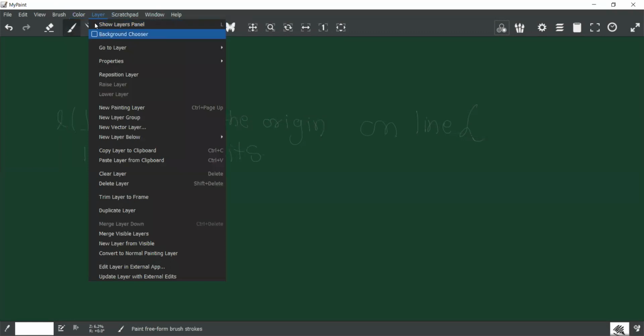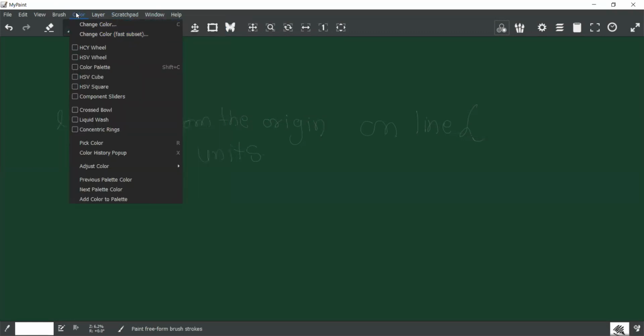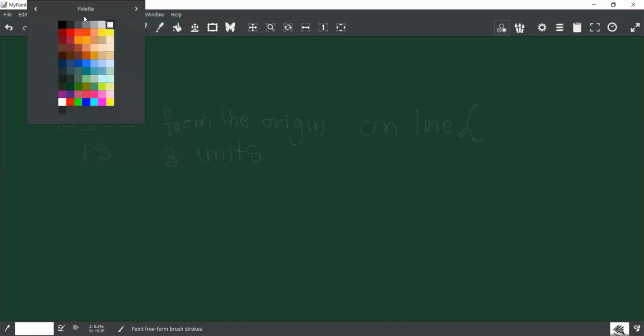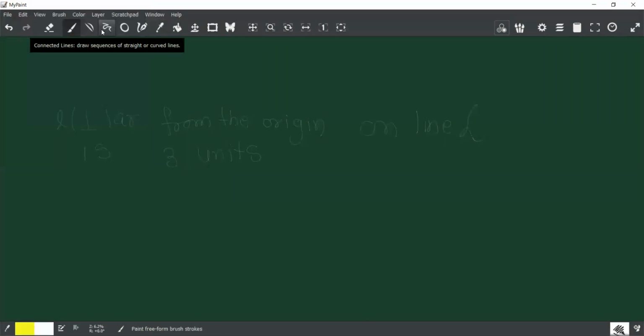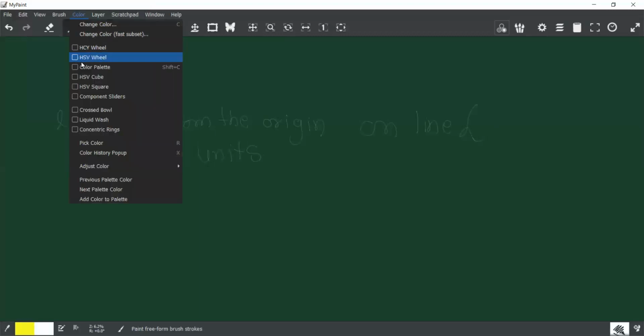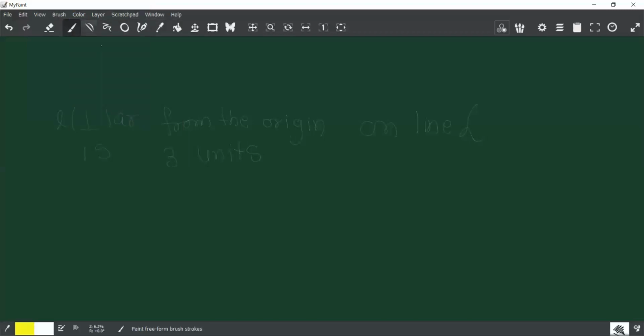I doubt whether red will be okay. See, yellow is okay with you? Is this okay? It didn't change, no? Wait, let me.